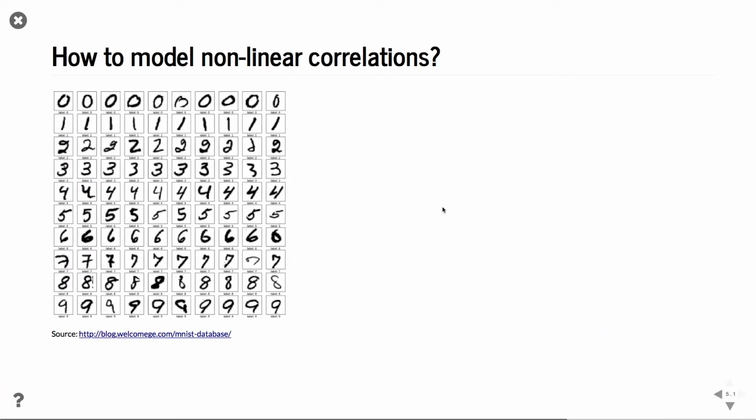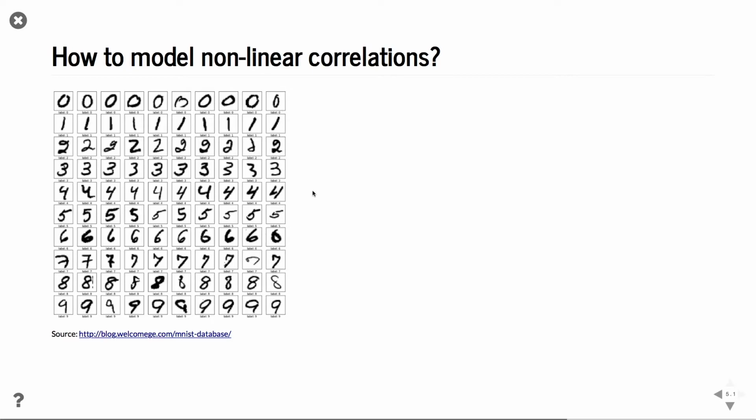So why do we need complex models like neural networks or other more sophisticated models? There are, of course, nonlinear correlations for which line equations aren't sufficient. Take, for example, the MNIST database, consisting of thousands of images, 28 by 28 pixels, and their related label.